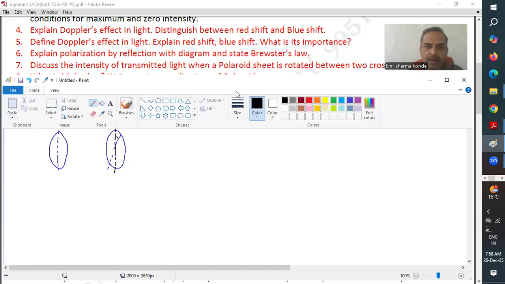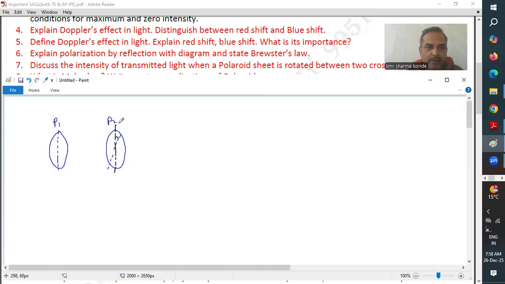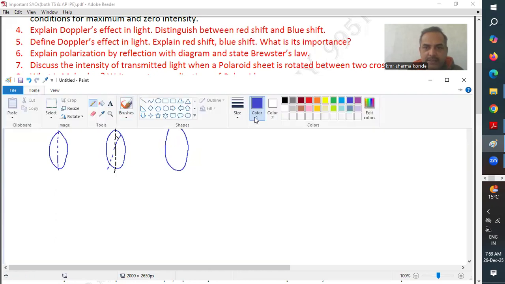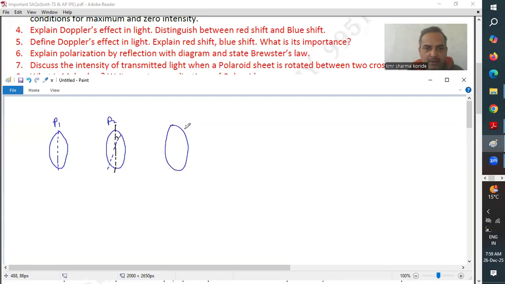Now similarly, you draw the third polaroid. This is polaroid P2 and the third polaroid. This is the transmission axis of the second one, but the transmission axis of the third one is this.